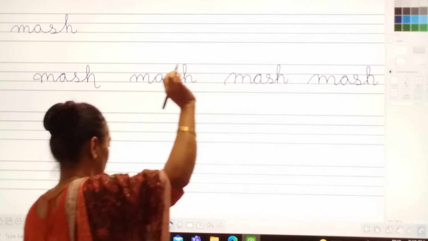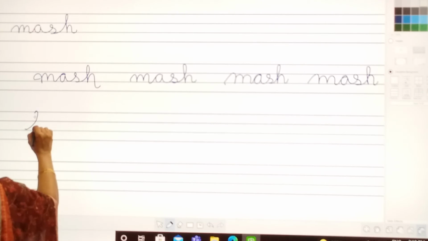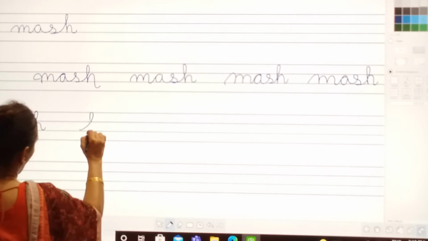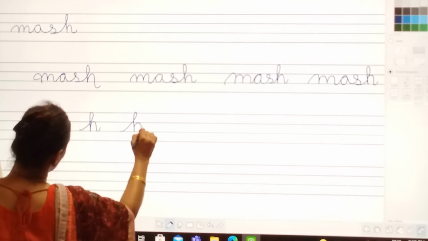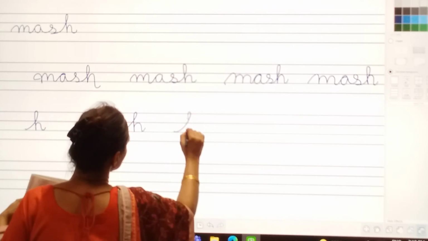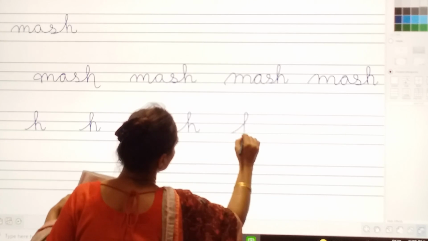Clear beta? Okay. And one more time we will be writing letter H. How you have to write letter H? In this way. Along with this spelling, we will be learning the small cursive letters also. H. Okay?